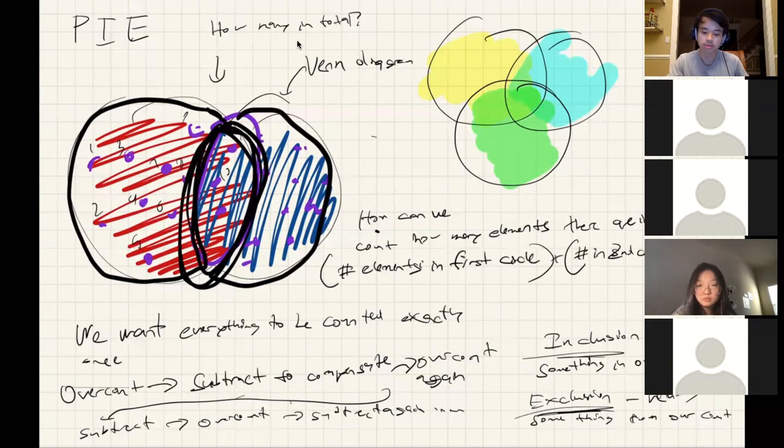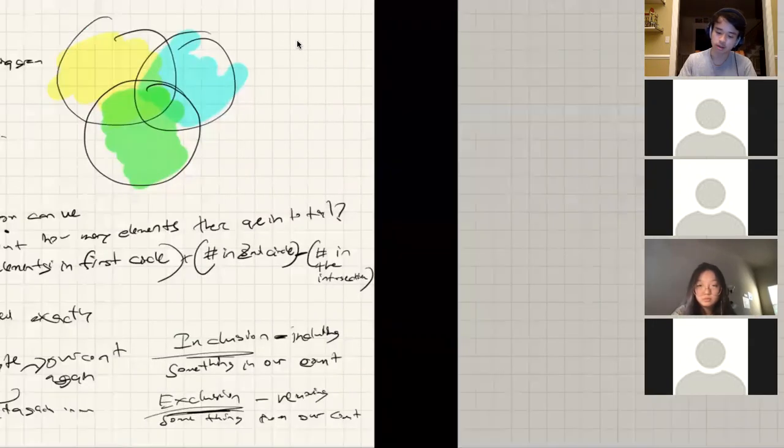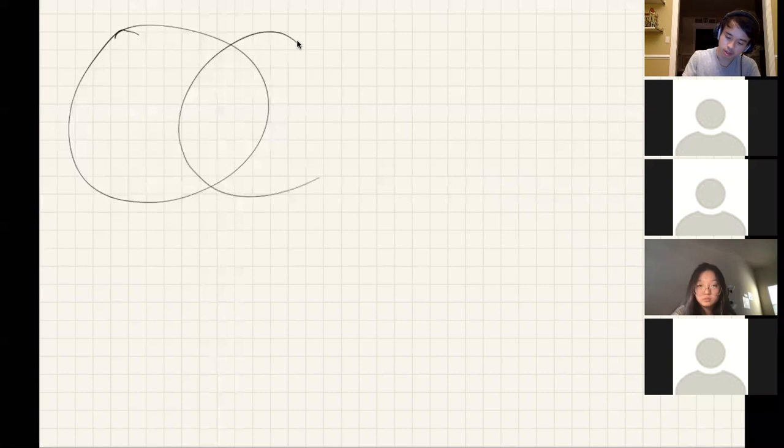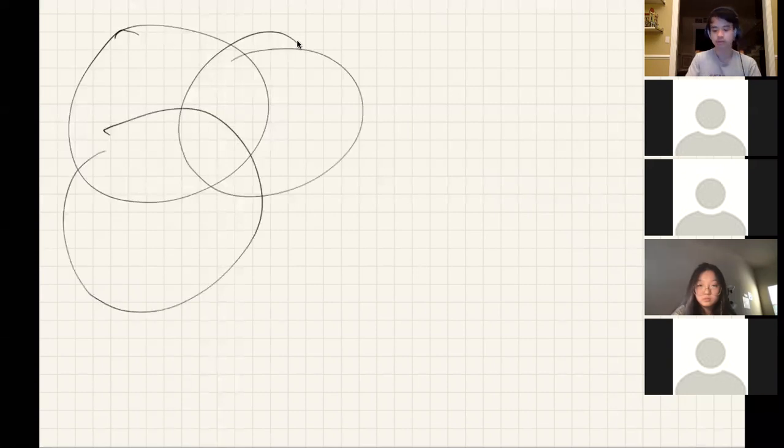Now let's move on to a more complicated example with these three circles. I'll draw these three circles again.